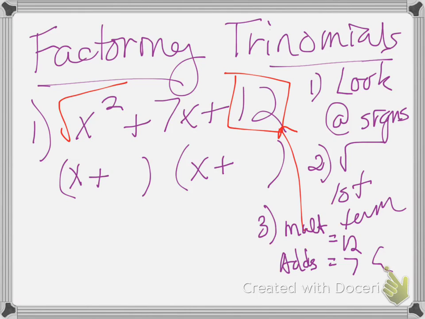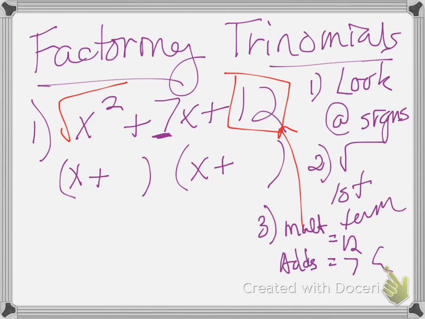Multiplies to equal 12. Yes, we're looking at the 12 that's in the red box, and then we're looking at the 7 that's on the center term. So going through what you know about the regular old factors of 12, what's going to multiply to give us 12 but add to give us 7?